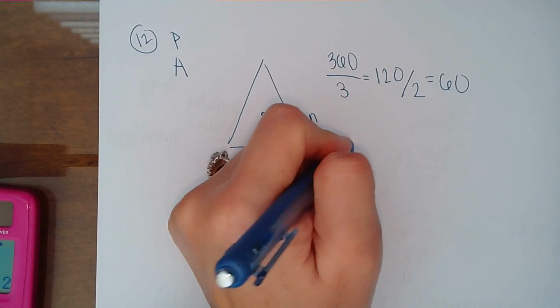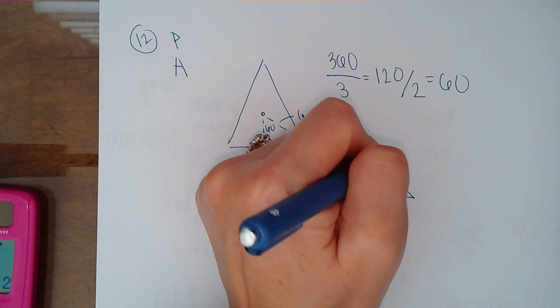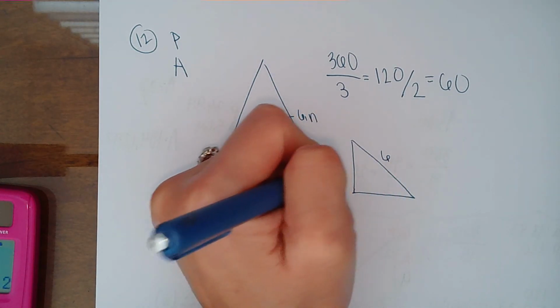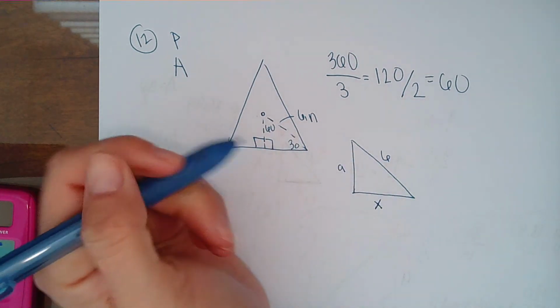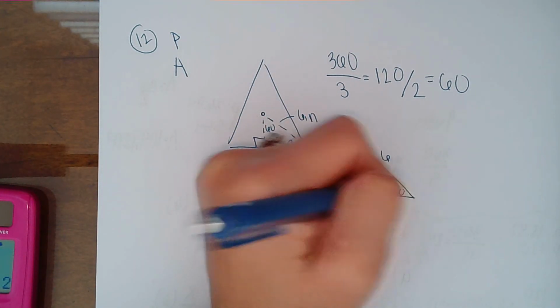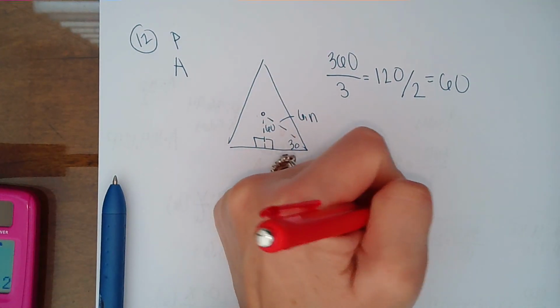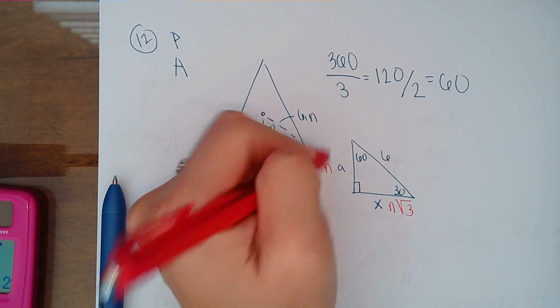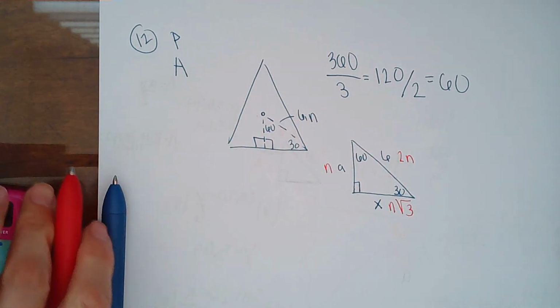So I'll just redraw this triangle over here. This is 6. This we want to find is our apothem. This we need to find is going to help us find our perimeter. This is 60, and this is 30. So remember, across from 60 is n root 3, across from 30 is n, and across from 90 is 2n.